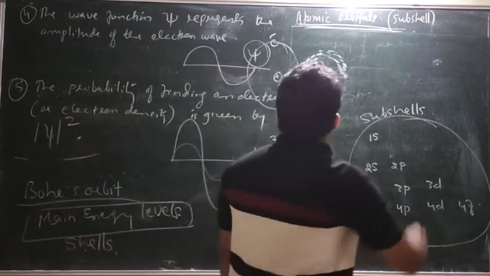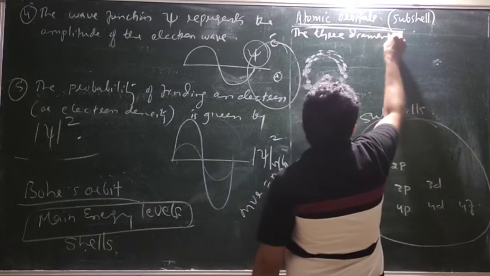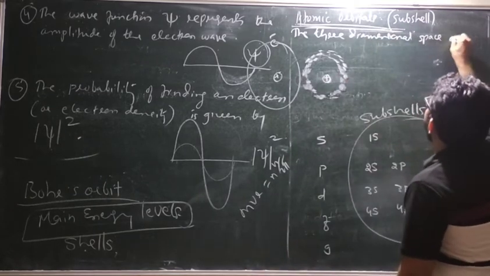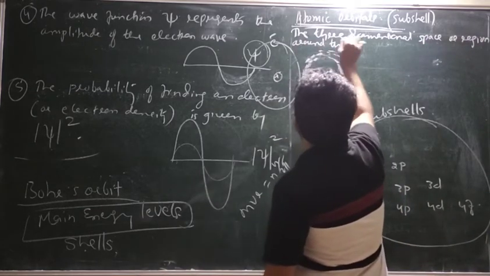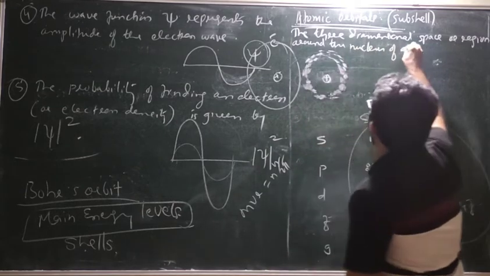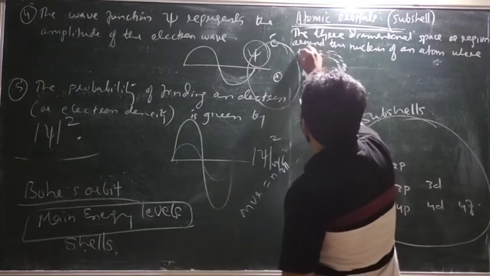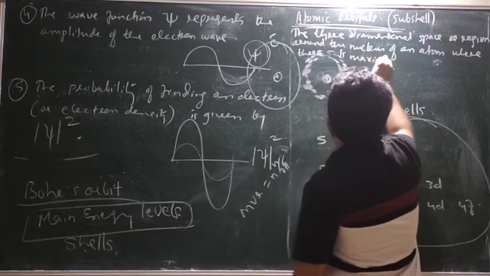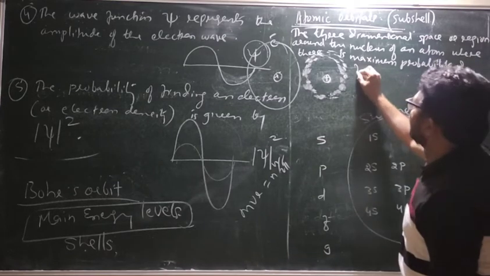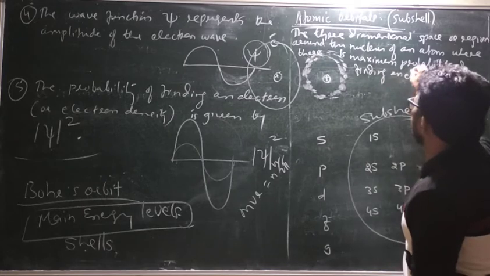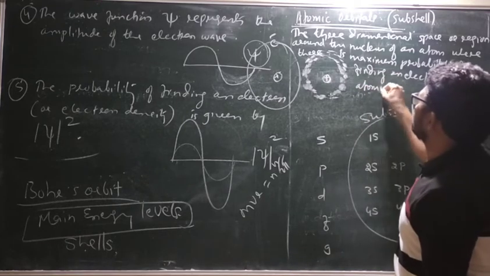I'll write the definition and then tell you. The three-dimensional space or region around the nucleus of an atom where there is maximum probability of finding an electron is called an atomic orbital.